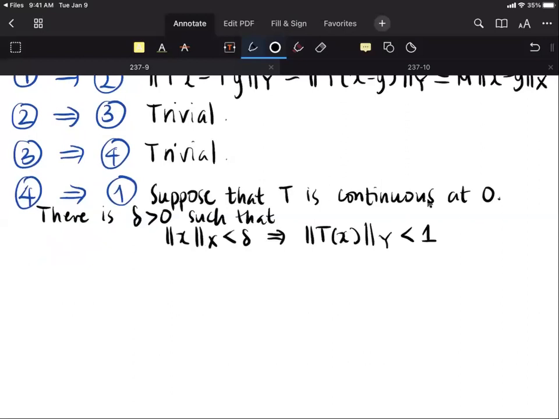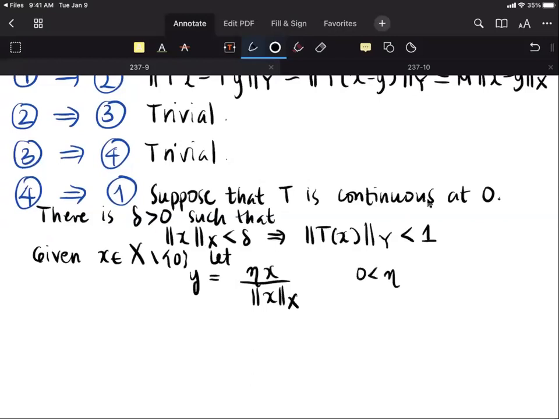Now, given an x that is not 0, let us define y to be eta x divided by the norm of x. So the denominator here is not equal to 0 due to the assumption on x. Here, eta is some number less than delta.